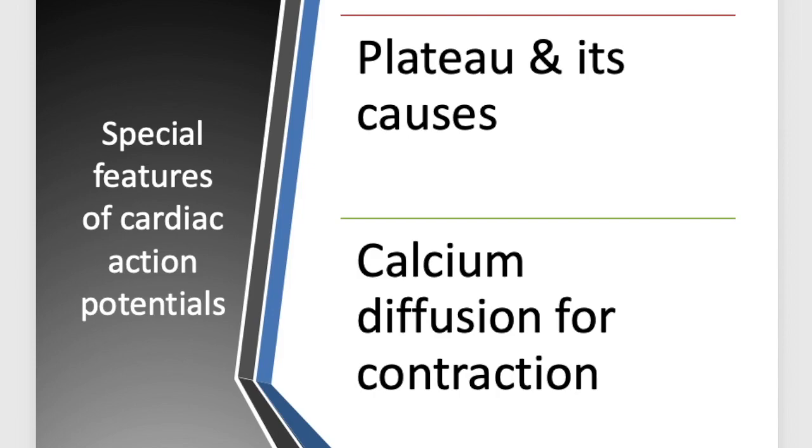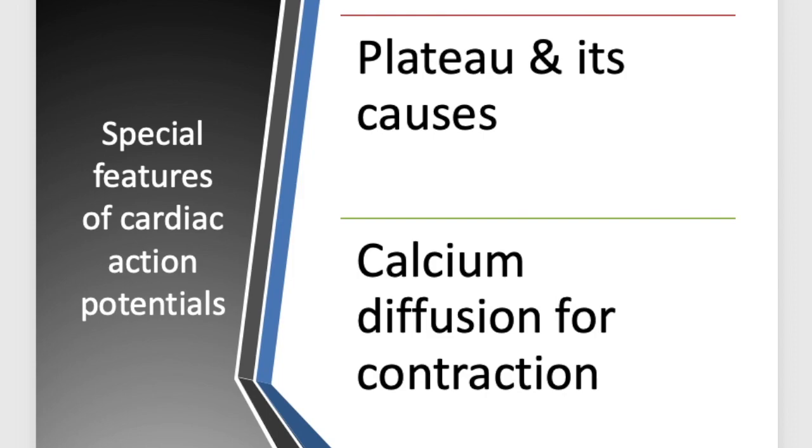When the slow calcium sodium channels close after 0.2 to 0.3 second, the potassium permeability increases rapidly. Potassium ions thus exit the cardiac myocytes and the membrane potential returns to its resting level. So I hope that you are understanding the logic of the plateau and the causes underlying it.